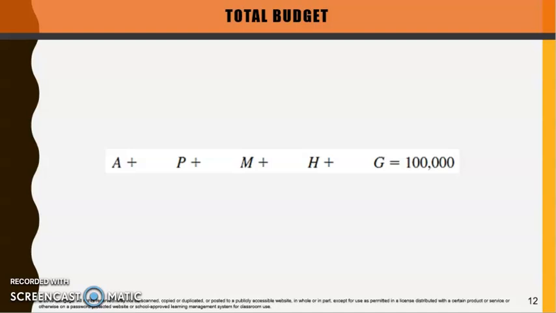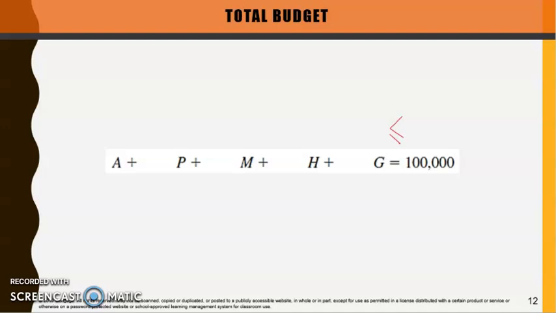$100,000. If instead of equal to $100,000 you have put equal or smaller, it is still correct because you want to make sure that you are not violating $100,000. You are not surpassing this. So you say the amount of money that I put in each sector must be equal or smaller than $100,000.